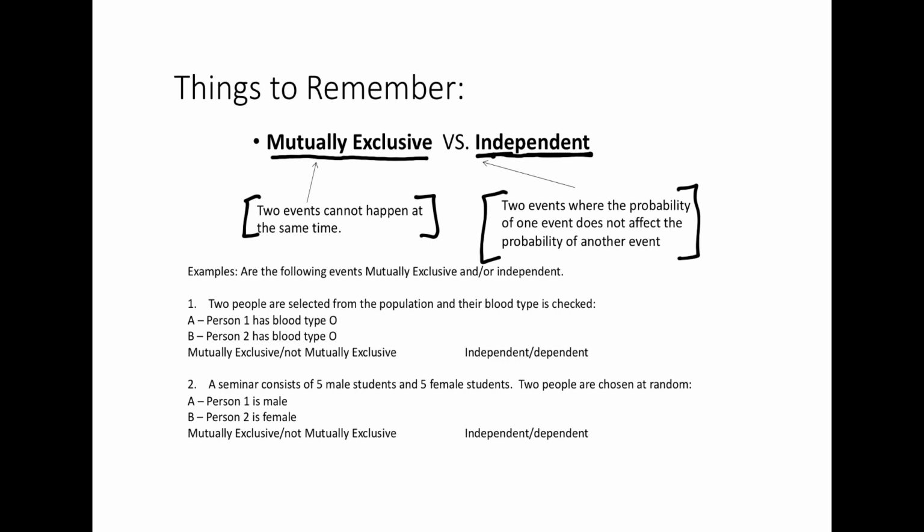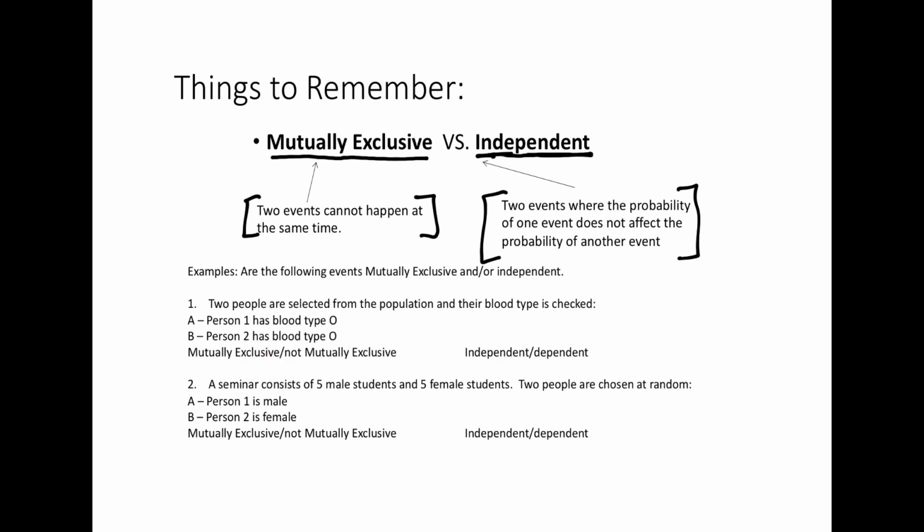For the first example, let's say that two people are selected from a population. So we have more than one trial occurring. There's multiple selections. And we check their blood type. Event A is that the person has blood type O, and event B is the second person has blood type O. So we have to ask, in this scenario, with two people being selected, is it possible that they could happen at the same time, which would mean they're not mutually exclusive, or would these be mutually exclusive, meaning they cannot happen at the same time?